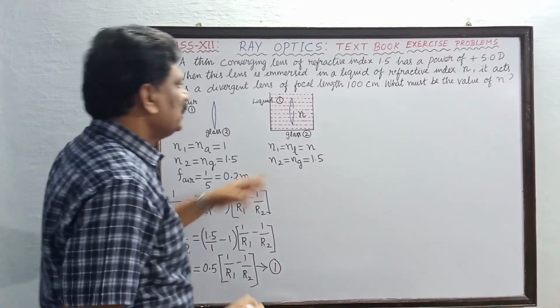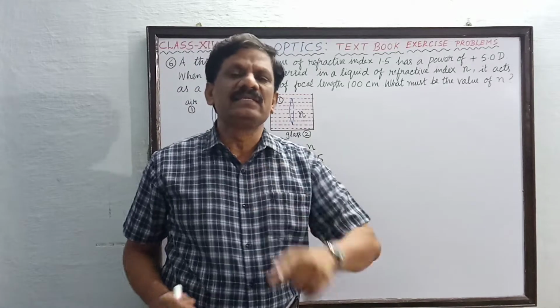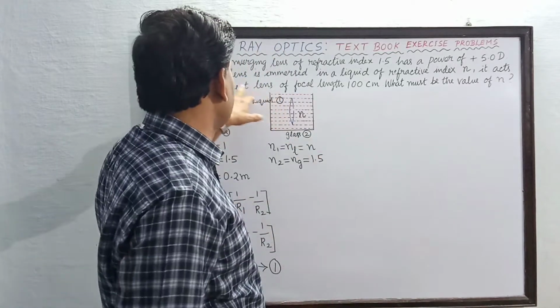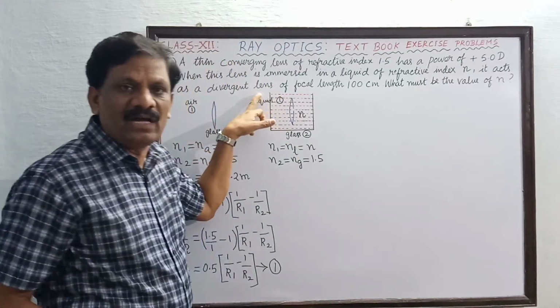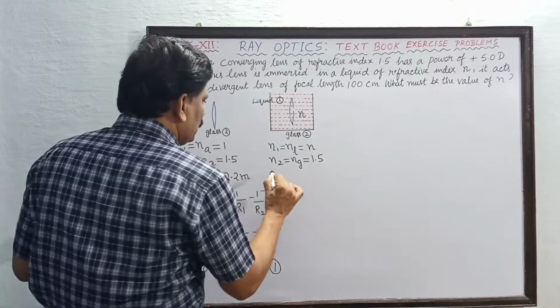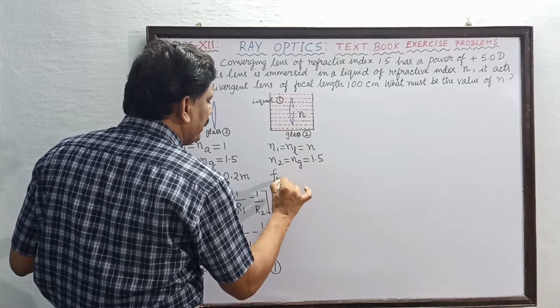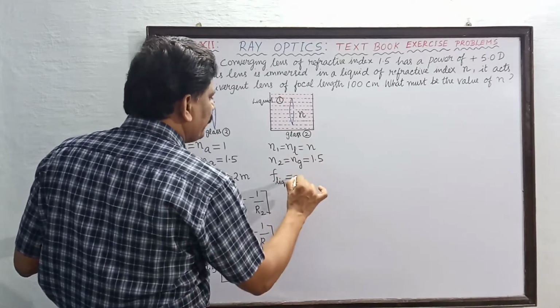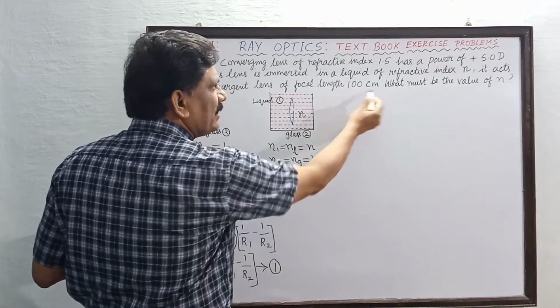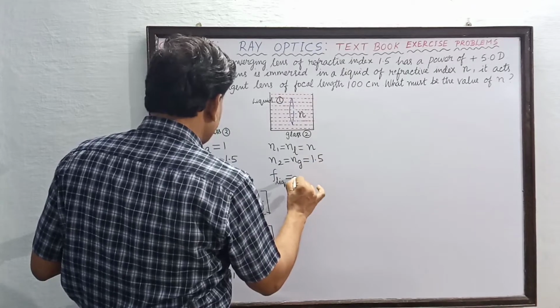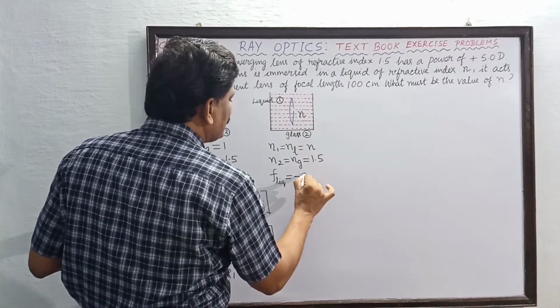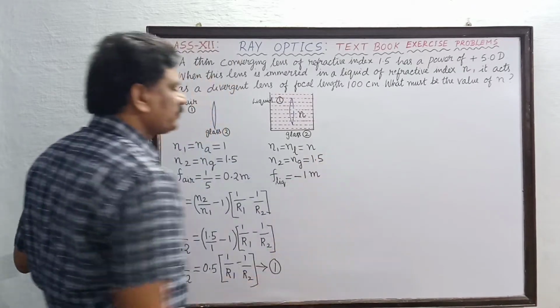Now this lens is behaving like a divergent lens, a concave lens. So the focal length of the lens inside the liquid is minus 100 centimeter, that is minus 1 meter.